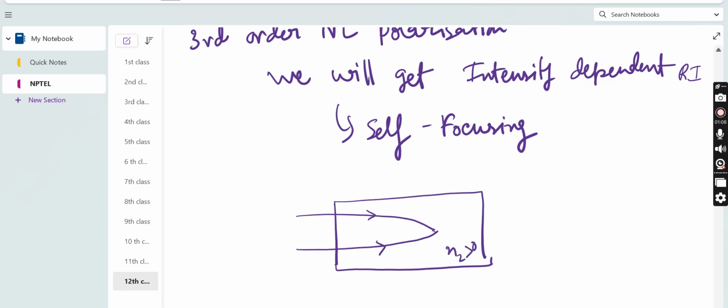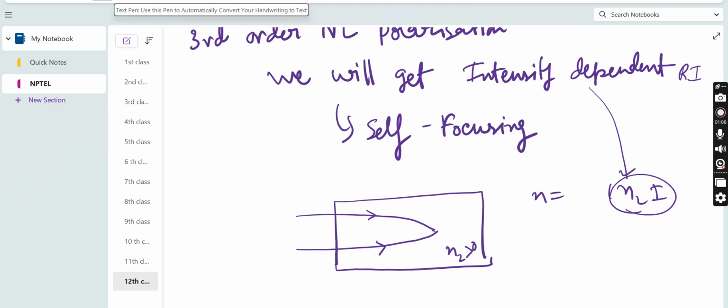It causes n equal to n0 plus n2 I. So the intensity dependent refractive index is basically this part, and n2 is the nonlinear index.